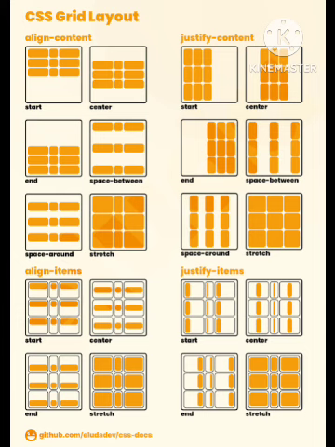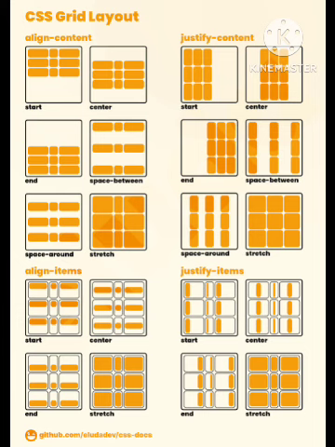Same thing we have in grid also. The property name is called grid auto flow. By default grid auto flow is row, and here the main axis is row and the cross axis is column. So it will fill items left to right. But when you do grid auto flow column, it will fill items top to bottom.